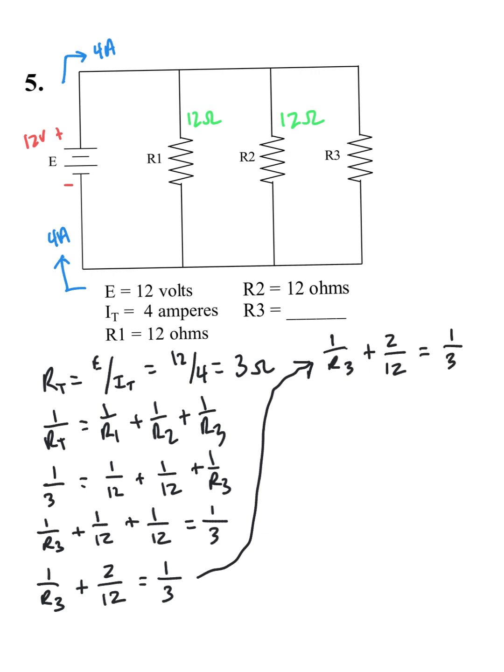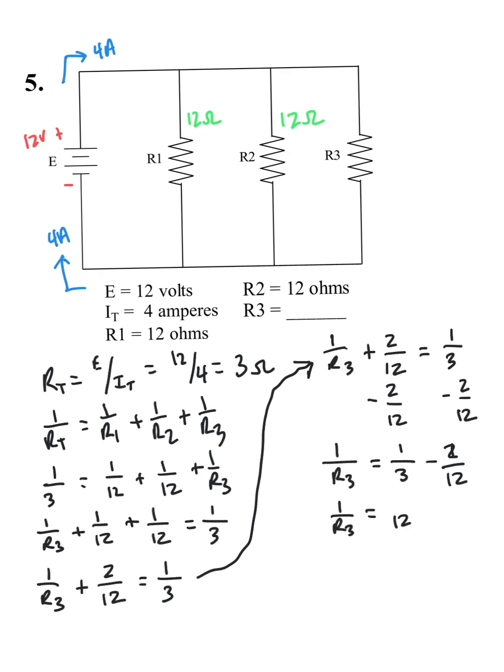Okay, so now I can take this and subtract 2/12 from each side, right? Which is going to give me 1 over R3 is equal to 1/3 minus 2/12. And then I need a common denominator.